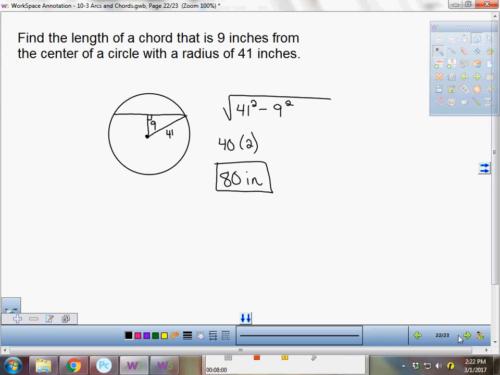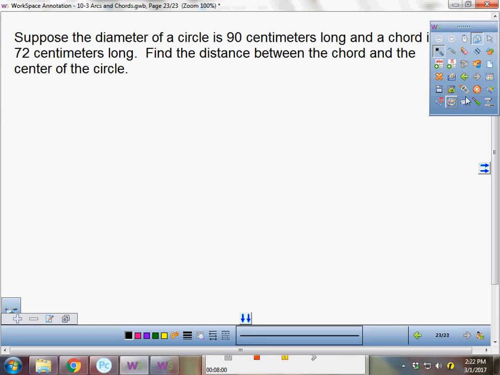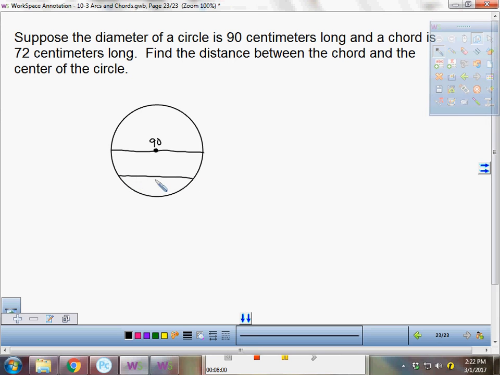All right, last one. The diameter of a circle, so I need a circle again. The diameter of a circle is 90 centimeters. So we'll say this is the center here. And a chord is 72 centimeters long. So we have a chord over here, 72 centimeters long. Find the distance between the chord and the center of the circle. So I need this right here. So let's say this bisects perpendicular.